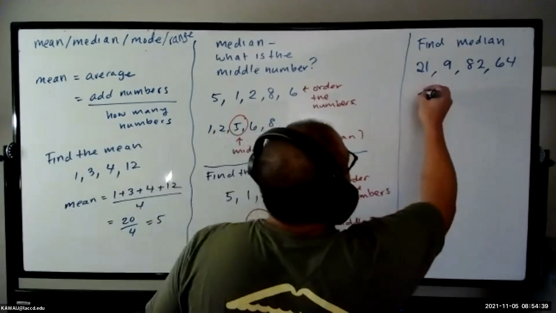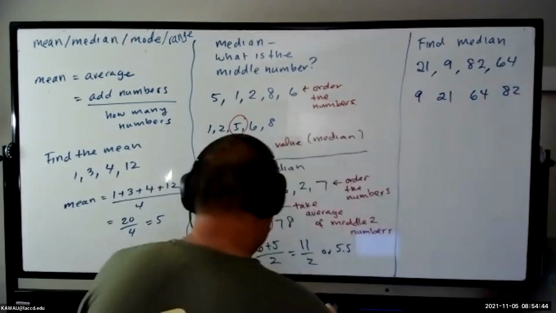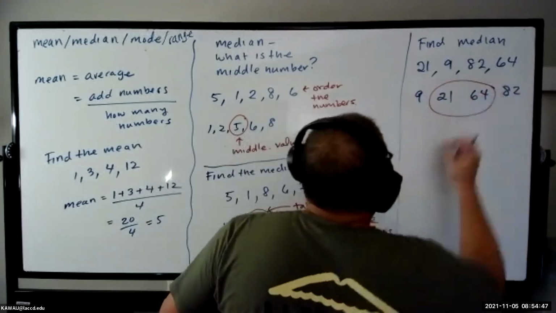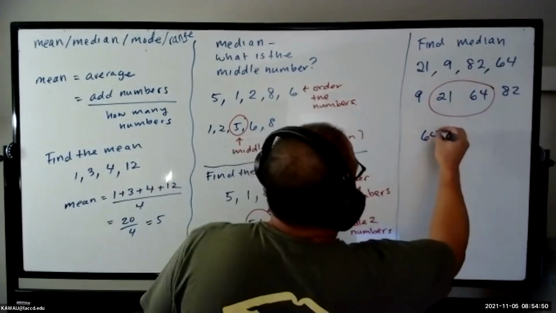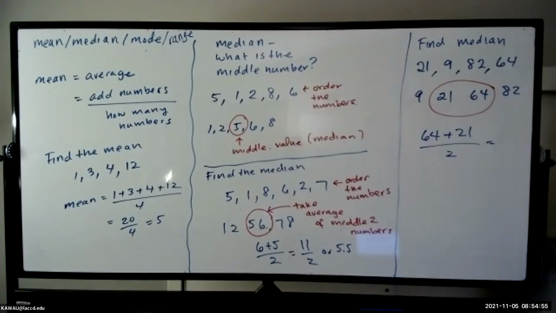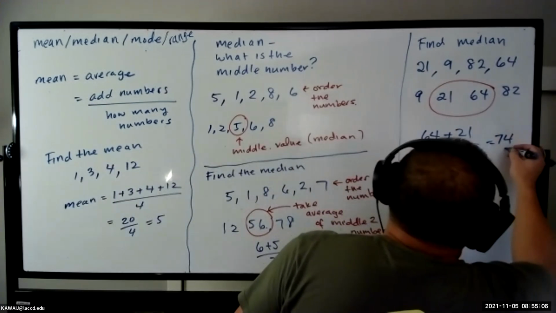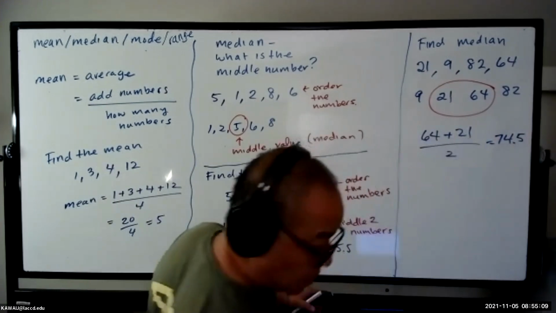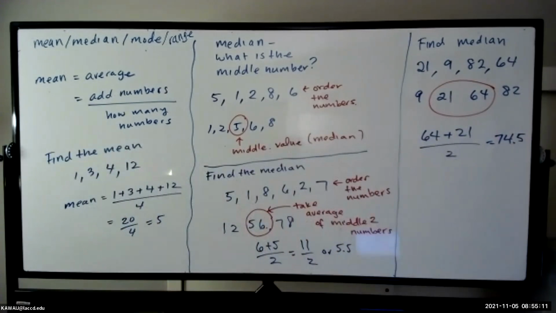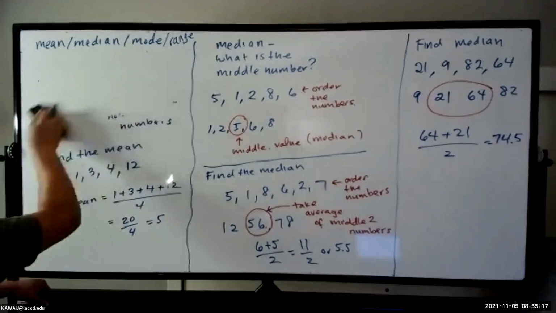So you have 9, 21, 64, 82. And then you take them and you go, what is 64 plus 21 divided by 2? We're going to go 74.5. Okay. So let's make sure we write these on the side, and we'll do all of them one more time.